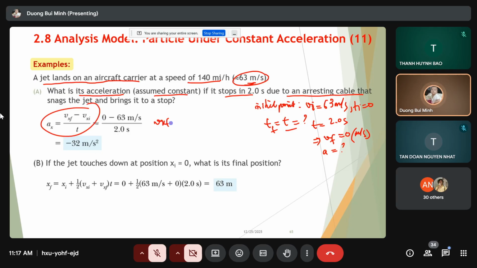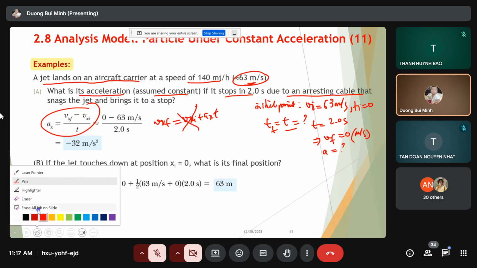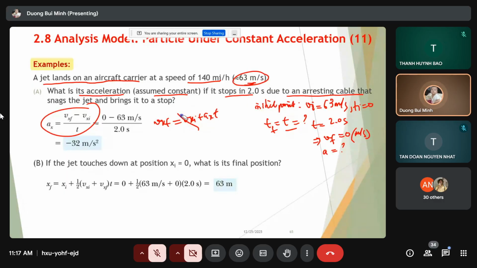We have vxf equals vxi plus ax times t. At the beginning, velocity is 63, and at the final position, velocity is 0. So you get 0 equals 63 meters per second plus ax times 2.